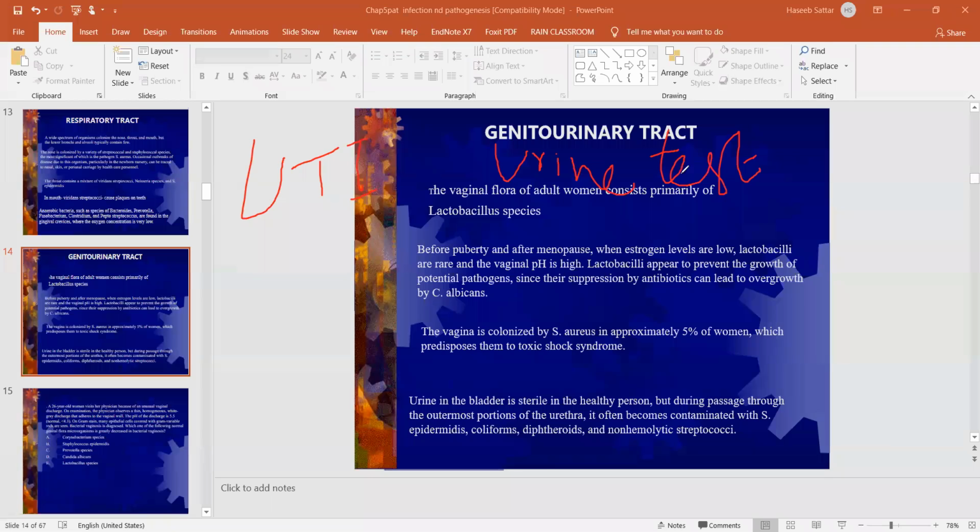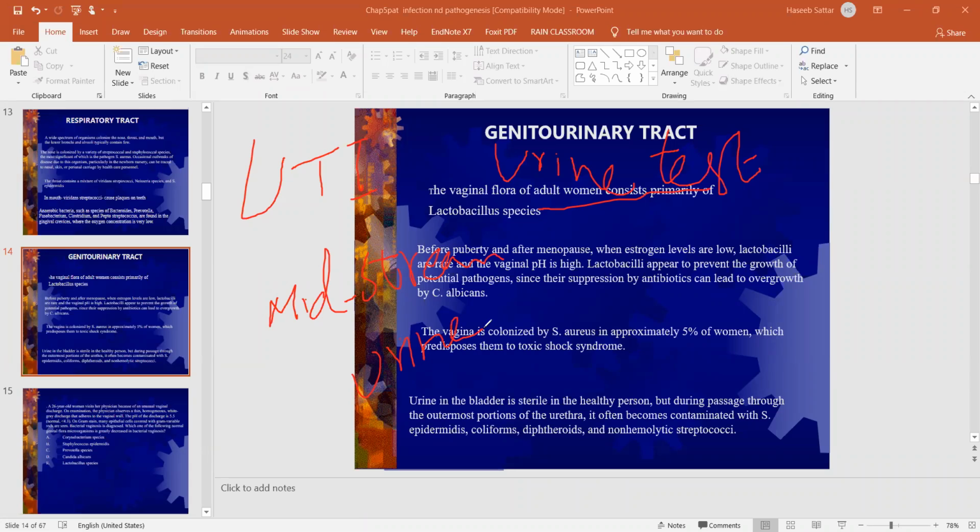Then we can check the urine under the microscope and look for bacteria as well as blood cells. When I give a bottle for sampling, I will ask the patient to take a midstream urine.